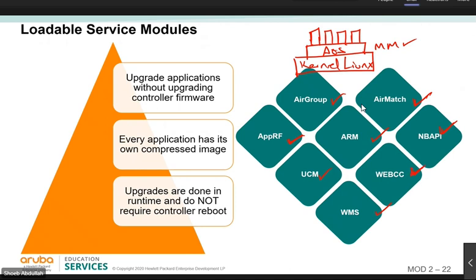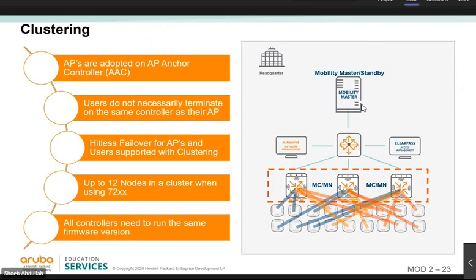This is the loadable service module running on your mobility master, and a new version has come after 2-3 quarters. If you are interested in upgrading it, you can go ahead and do it independently. You don't need to upgrade or reboot your mobility master for the newer version of WebCC to be reflected in your production. That's a good thing about the loadable service module.